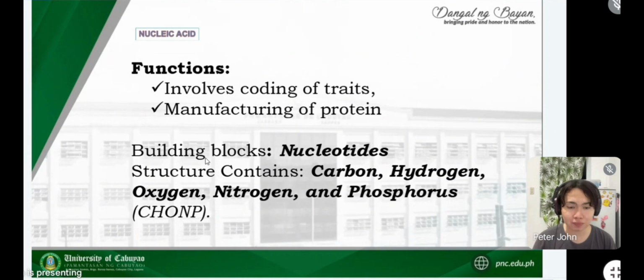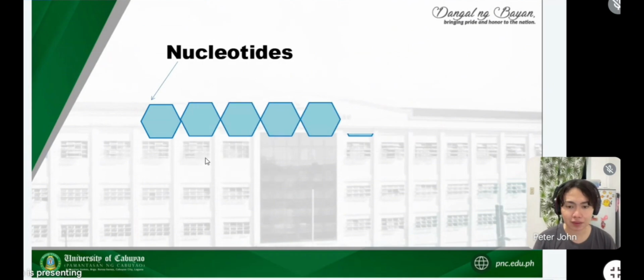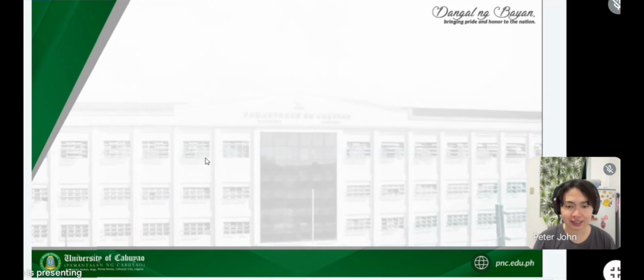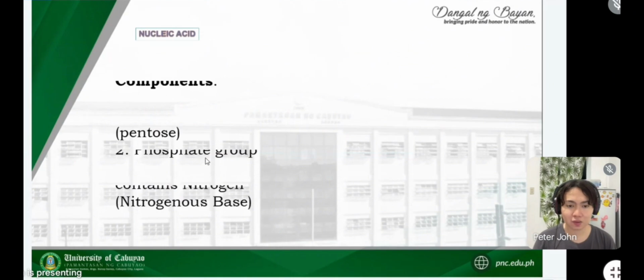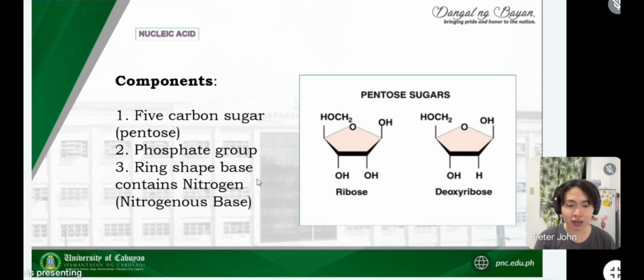Okay po? So, here is the nucleic acid, nucleotides that make up the entire nucleic acid. So, the nucleic acid is special, kasi nucleic acid is further composed of 3 structures. We have the 5-carbon sugar, pentose. So, sugar din siya, so it's a carbohydrate.